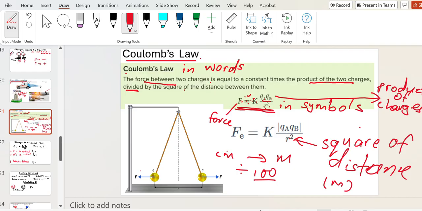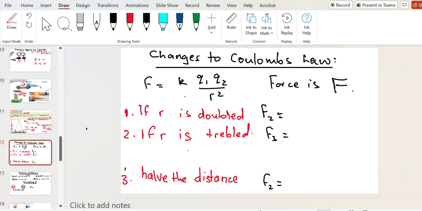So this is the force F. Charge A, charge B. The distance between the two is our R. But remember, we will square this R. Now, how do we use this law to solve problems?